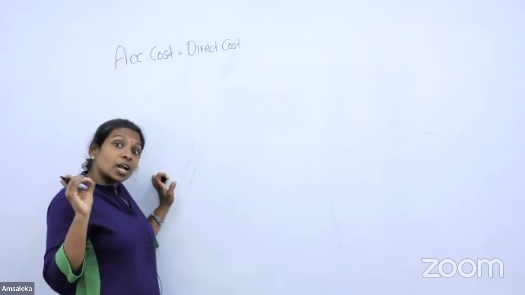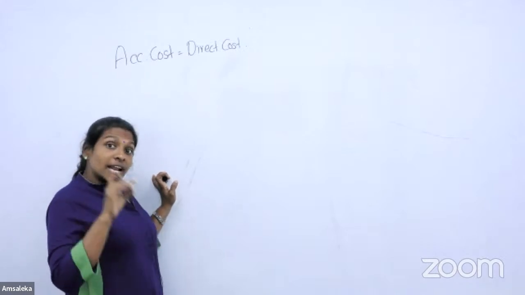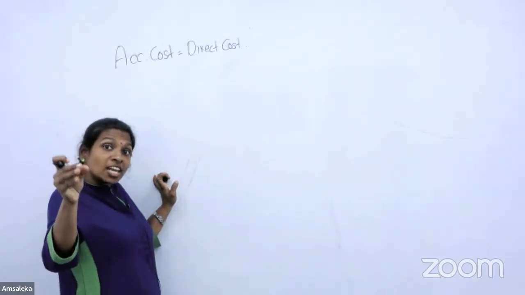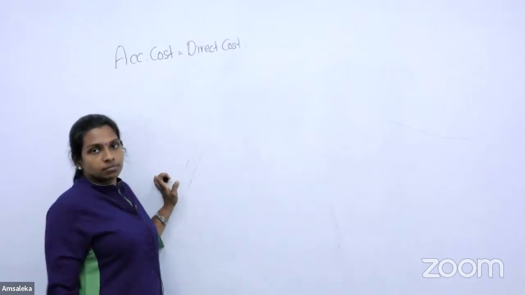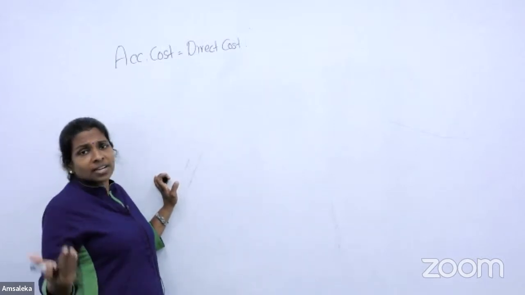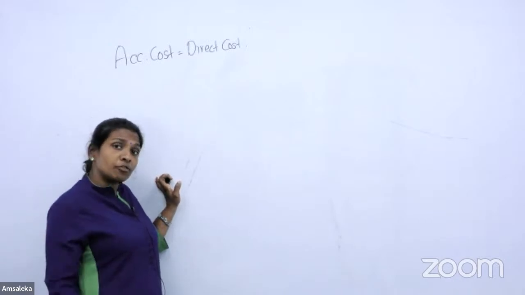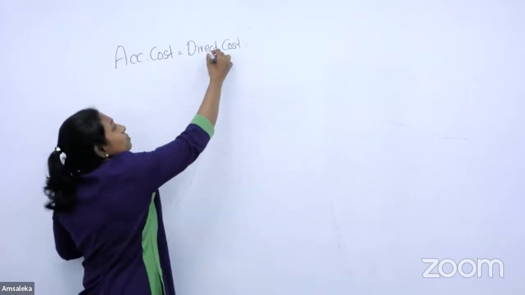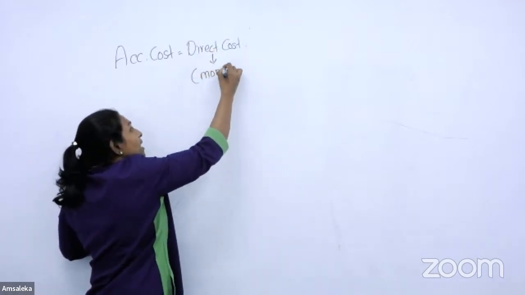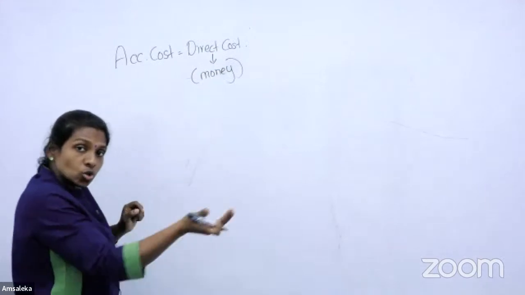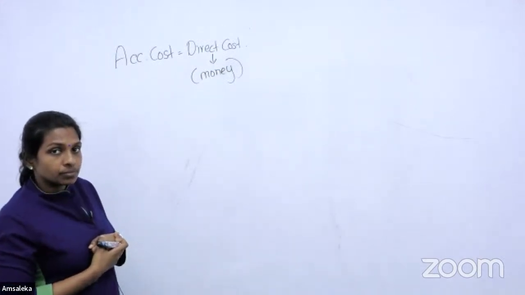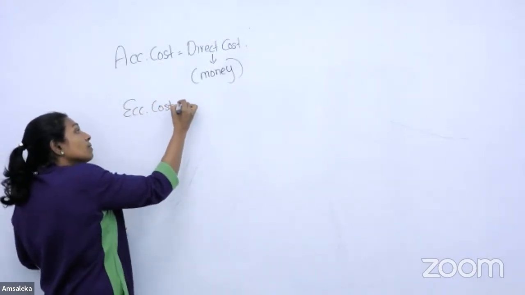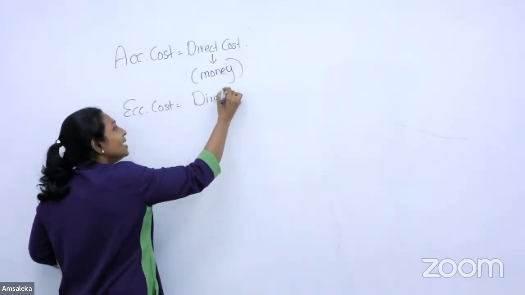Accounting means simply recording and analyzing the money you spend for input or for your production. So accounting cost is direct cost, where money is given to get some input. Now economic cost.